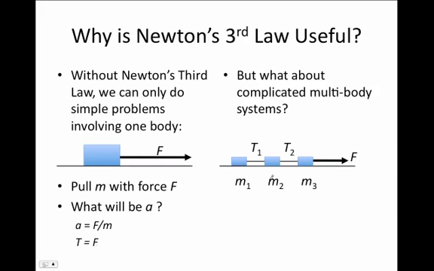How do we know what these tensions are, and how do we know what the accelerations of these different blocks are? Newton's third law allows us to start making relationships between the various objects in the problem, because we'll know that the force from this object onto mass number 2 will equal the force from number 2 acting on number 1.